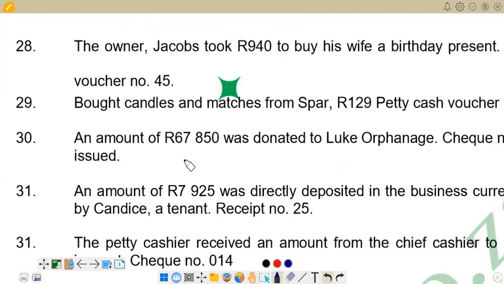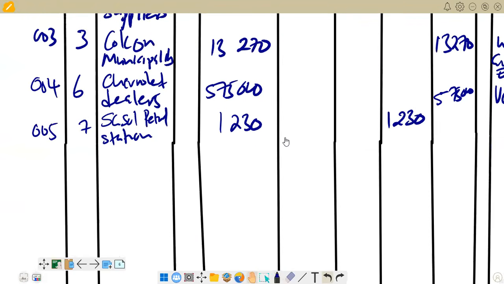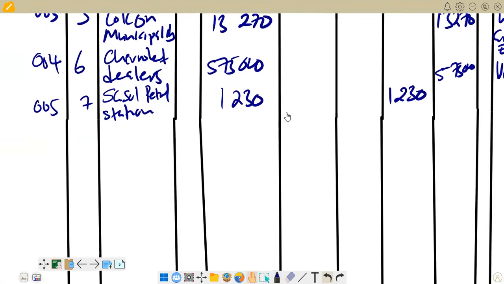So we can just create some space there so that we enter that one. We have document number 006, and this is on day 11.